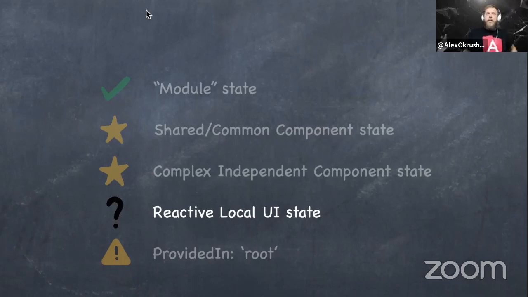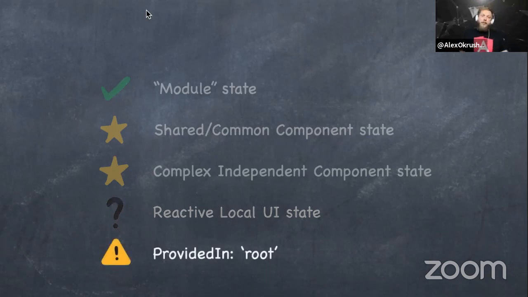I don't have any examples of it, but this is mostly for zoneless applications. If you're into experimenting with that, then it's also a great solution for this. And the last one is provided in root. This one I would be very cautious about.